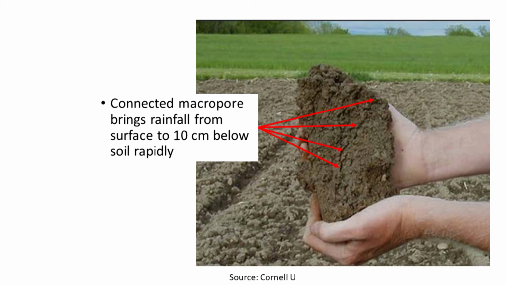If you have a lot of macropores, but they're only in the top 5 centimeters, and there are no macropores that go from the soil surface to 20 centimeters into the soil, you will not have very fast infiltration. So the continuity of soil pores is very important for aeration and water infiltration. Not just the total amount of the pores, but how connected they are in that soil.